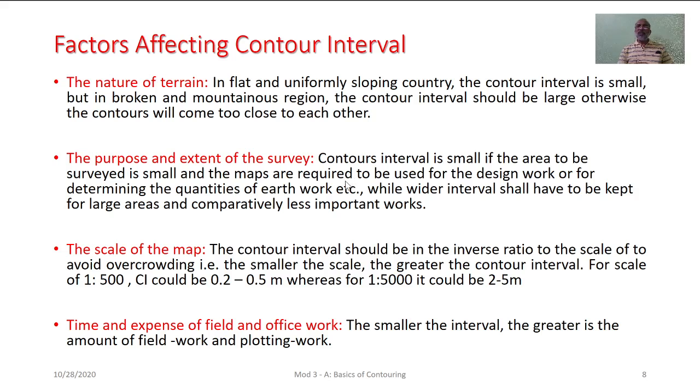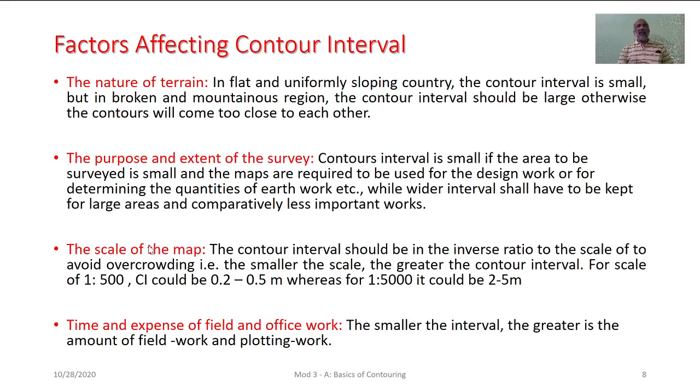So, if we wish to have very fine details, at that time the interval could be very small. If the work is small, then purpose and extent of the survey will be deciding that particular contour interval.